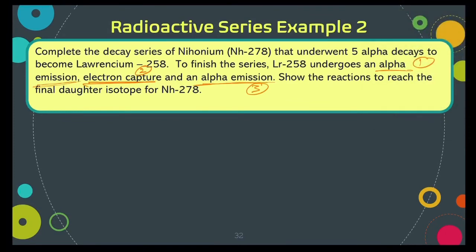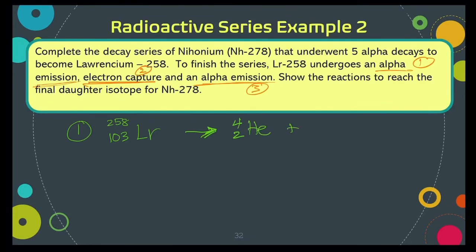So let's start with our first equation. Lawrencium 258, that's our mass number. Take a look at your periodic table to find the atomic number of lawrencium. It is 103. This is going to undergo an alpha emission. So arrow, draw your arrow, and then your alpha particle, helium nucleus.